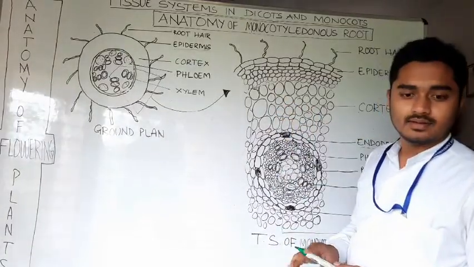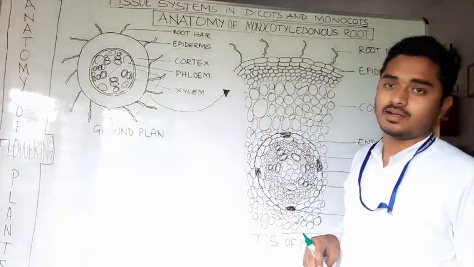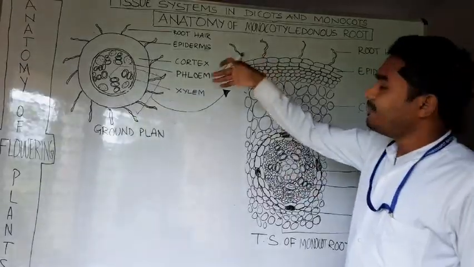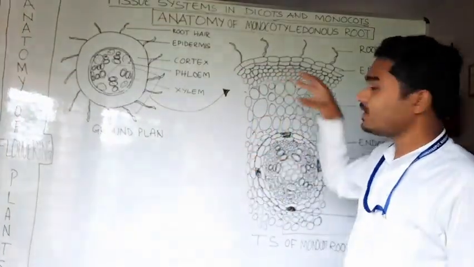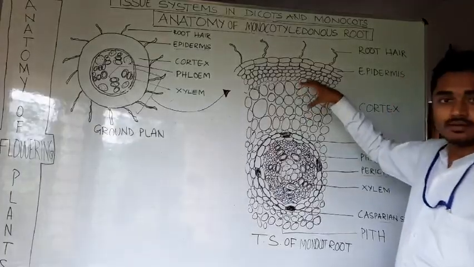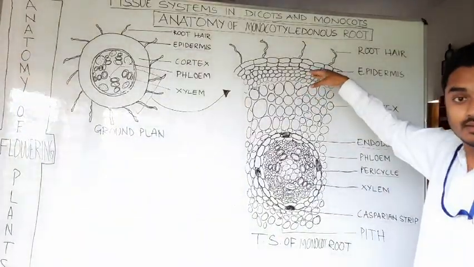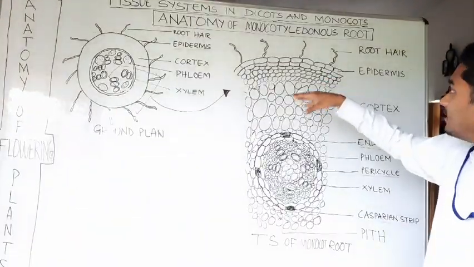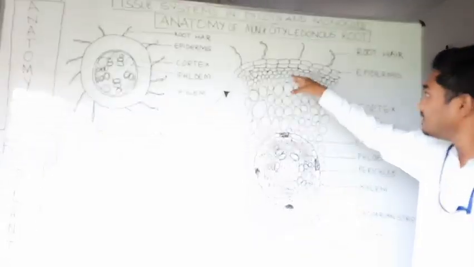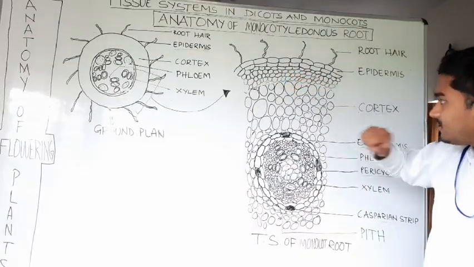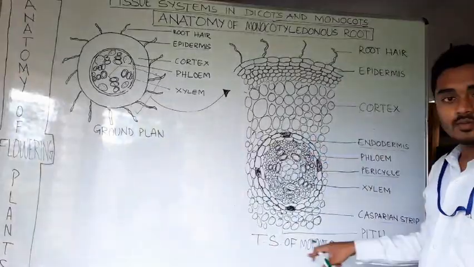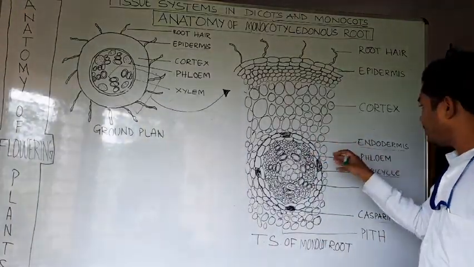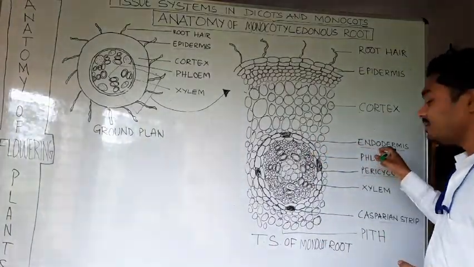These root hairs help in the absorption of water. The next layer after the epidermis is the cortex. In the cortex we will find two kinds of cells, one with thick walls and another with thin walls. As the walls become thickened, we would find no intercellular spaces, but here intercellular spaces are present. The innermost layer is the endodermis, and beyond the endodermis we have the pericycle.